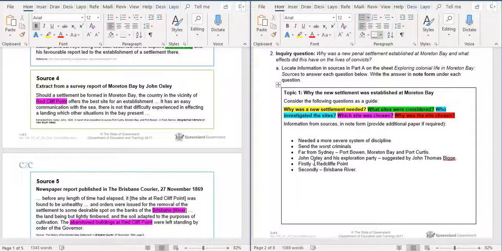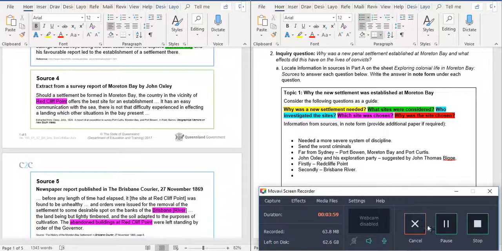Okay, why was the site chosen? I just noticed that it wasn't highlighted on this copy, but I've fixed that up now. So why was the site chosen? If we go back to source 4, it says easy communication with the sea. If you remember from the previous lesson, that just meant it was easy to get off the boat.